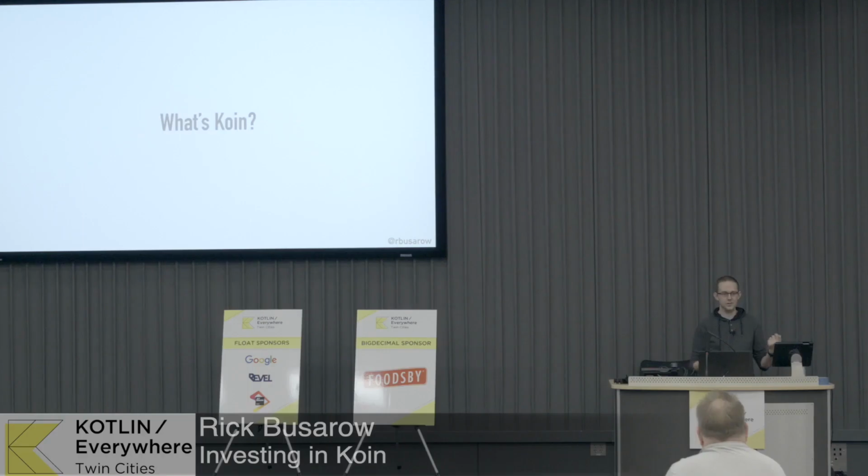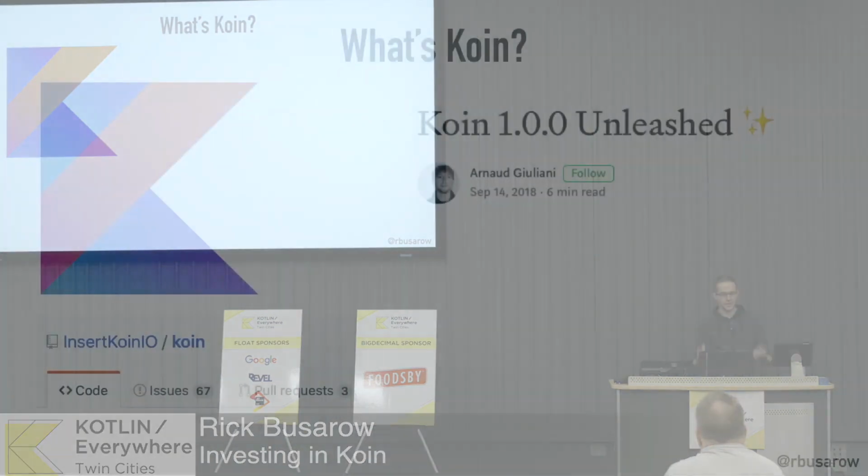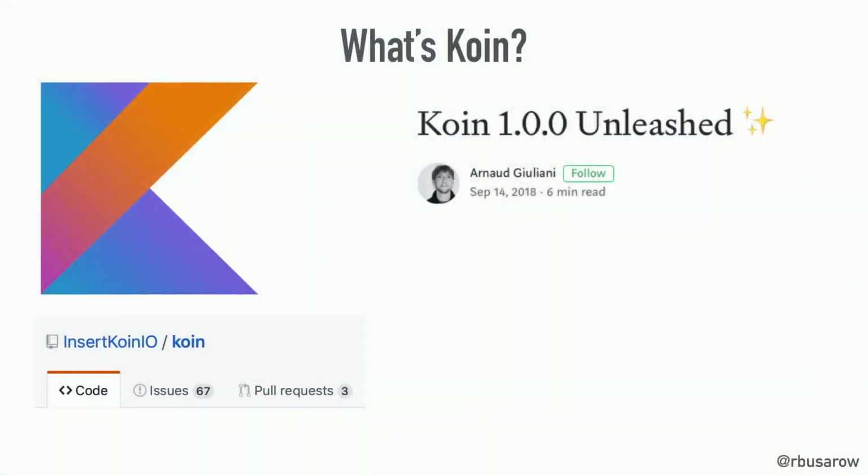If you pay attention to Android social media at all, you've probably heard about Koin. The last few months, it's been a hot topic, whether it's dependency injection, service locator, whether it's worth using. It's getting a lot of attention. We're not really going to focus on that, but what we will talk about is that it is a library that's entirely written in Kotlin. It is open source, and it's pretty new.